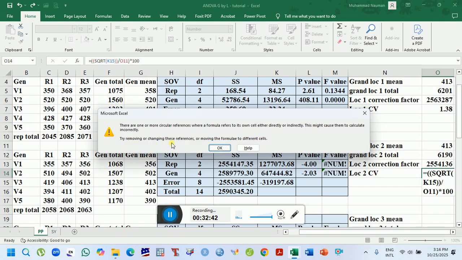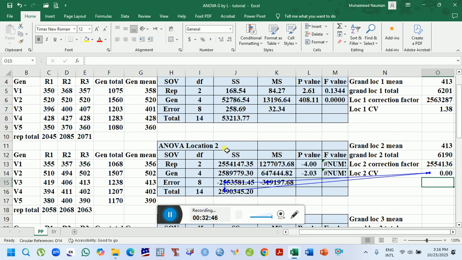Try not moving or changing these references, because these values are in minus, so when this value gets corrected, the corrected value will appear here.